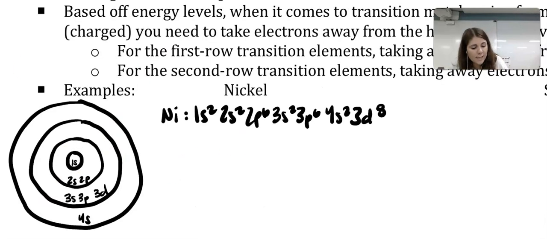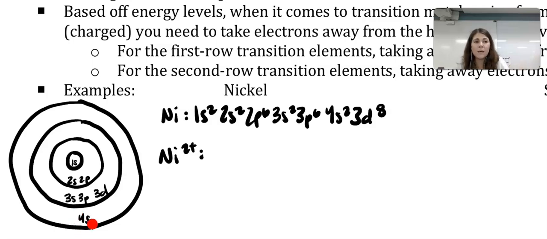So moving on, let's say that we have Ni2+. Where do we remove electrons? Your first instinct is to look at the last thing written in the electron configuration. Well, after drawing this Bohr model, you see that the 3d is in the third energy level, and you need to remove from the farthest energy level possible.